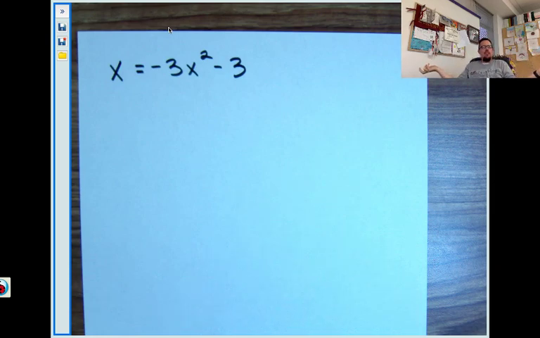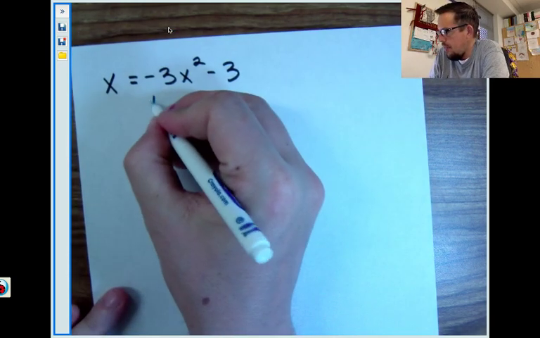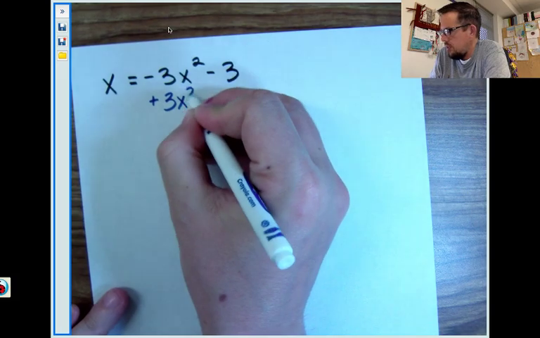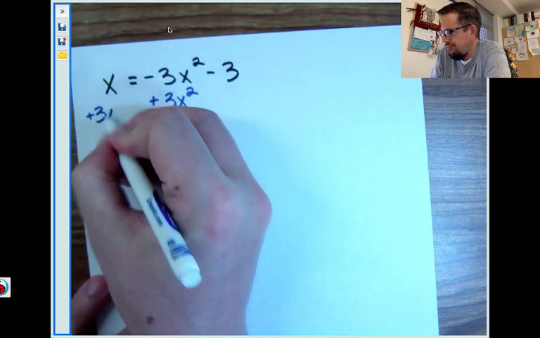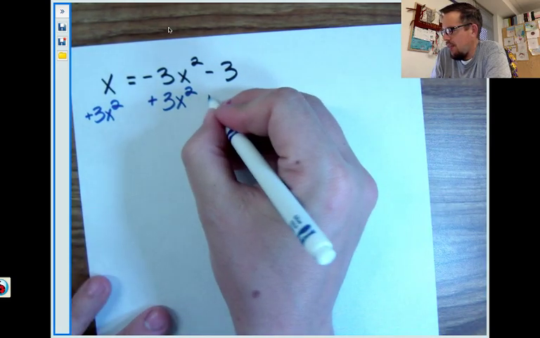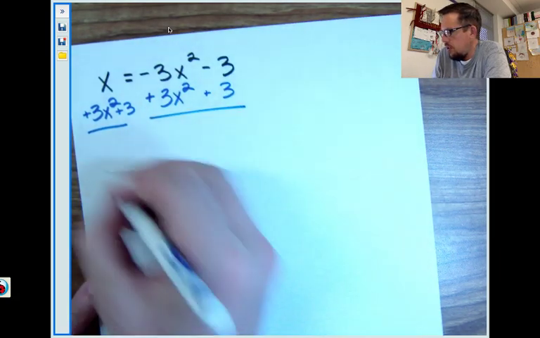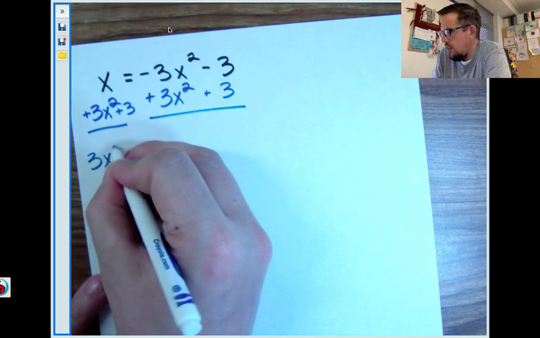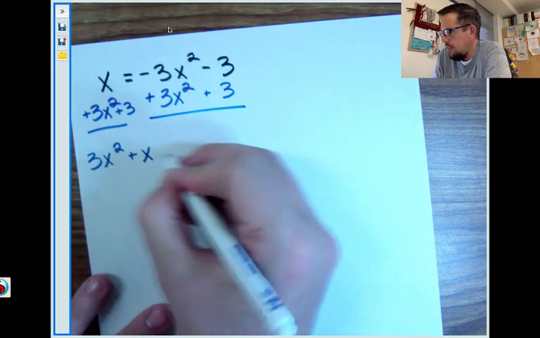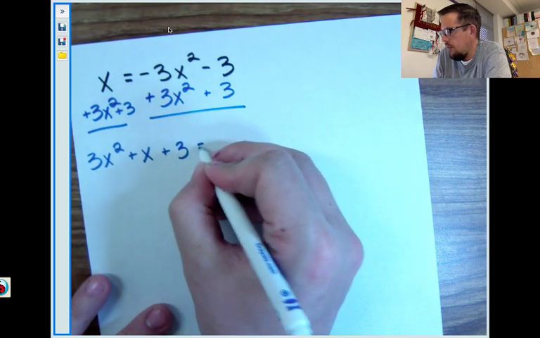I mean, what's the obvious problem here? It doesn't equal 0. So let's fix that first. Let's add 3x squared to both sides, and add 3 to both sides. So that gives us 3x squared plus x plus 3 equals 0.